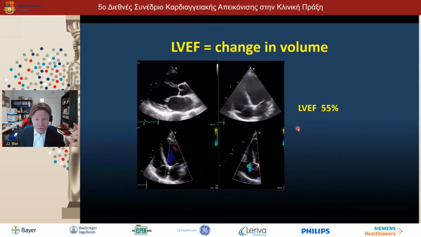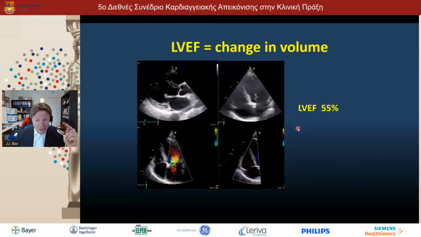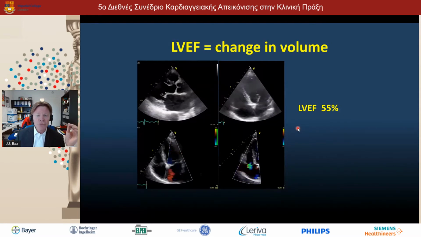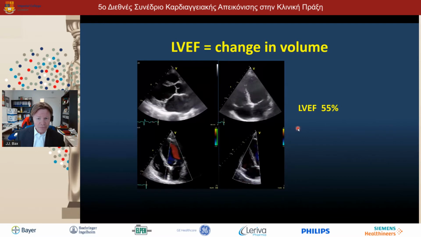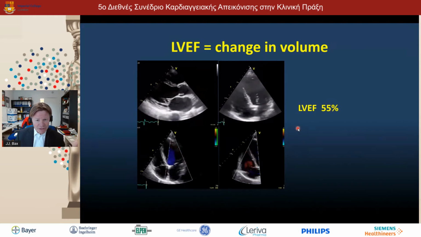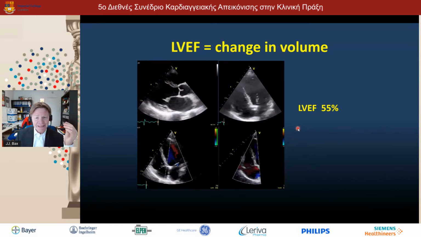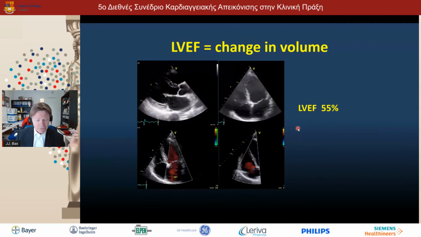So it's important to realize that ejection fraction works well if everything leaves through the aorta. But as soon as you develop mitral regurgitation, the ejection fraction is overestimating what it really is. And what we really try to assess with that is the LV function.